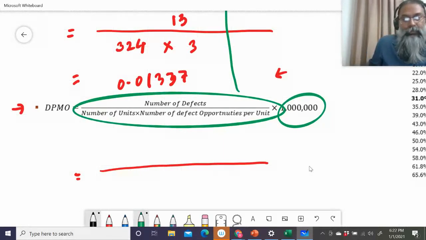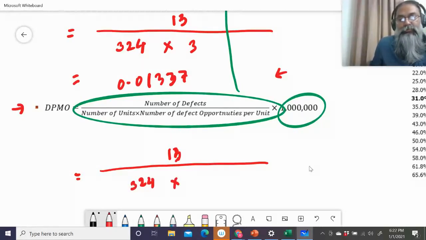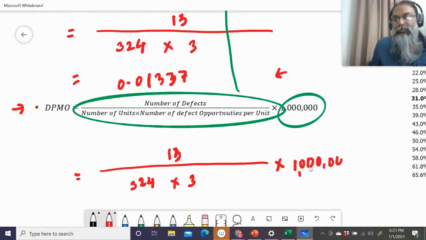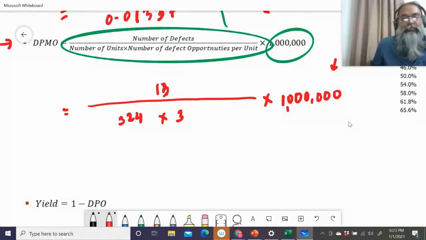Let's go through this again. Sorry, it's 13 to start, the number of defects, and the number of units that they had gone through is 324, with 3 defect opportunities, and we are trying to find not only the defects per opportunity but per million opportunities. So that is the case.